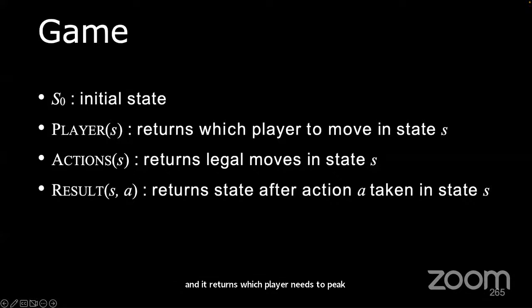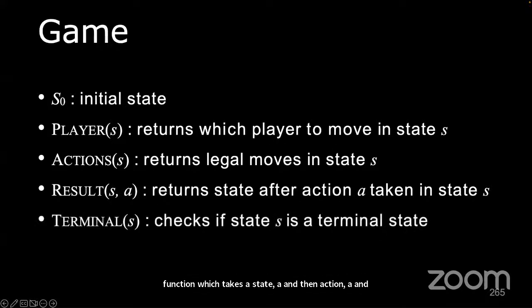We will see examples very soon. Another function is actions(S), which returns the legal moves available in state S. And the transition model, again we represent it using the result function, which takes a state S and an action A, and returns the state after executing action A on the state S.